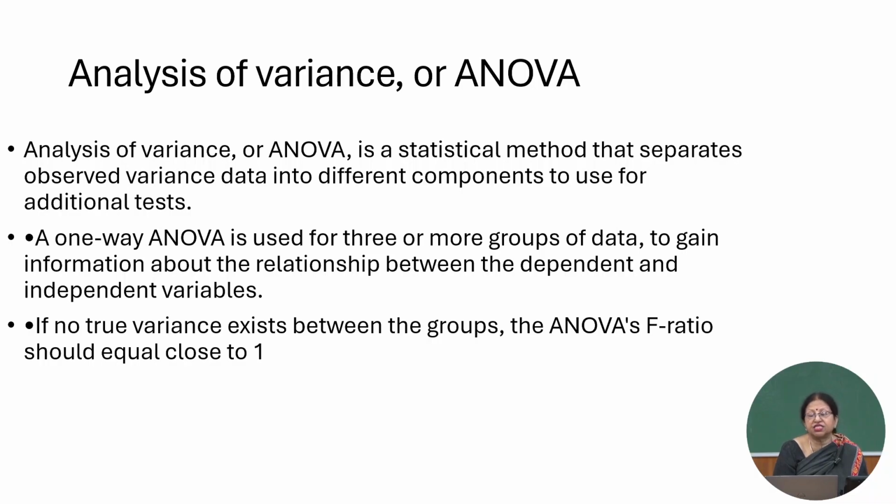If no true variance exists between the groups, the ANOVA's F ratio should be close to 1. But if there is a relationship, definitely it is other than 1. So what it means is that these are looked upon as whether the variables are dependent or independent variables. Analysis of variance itself means that you are looking at the variables and their interrelationship in a given system, in a given data set.